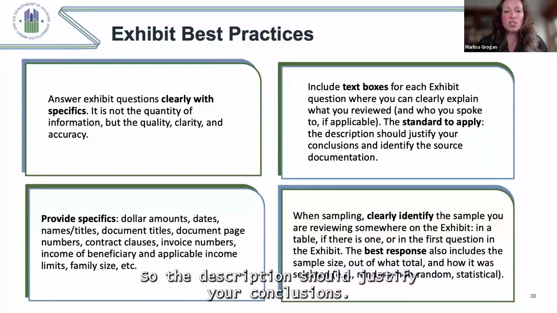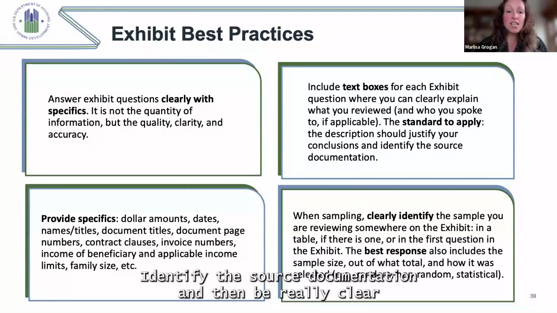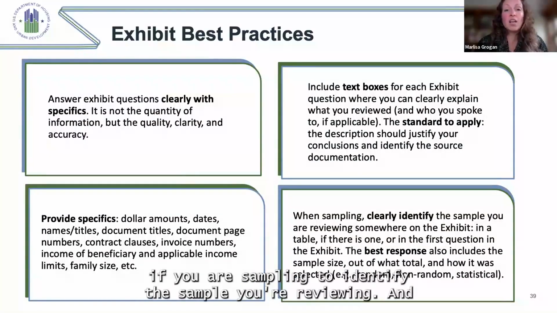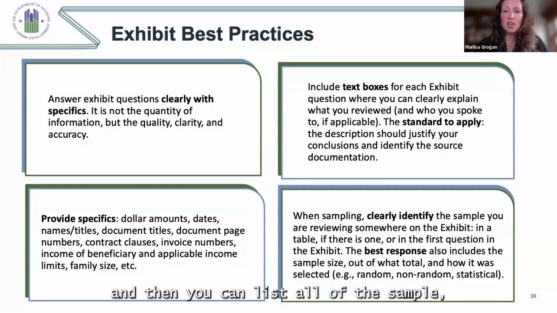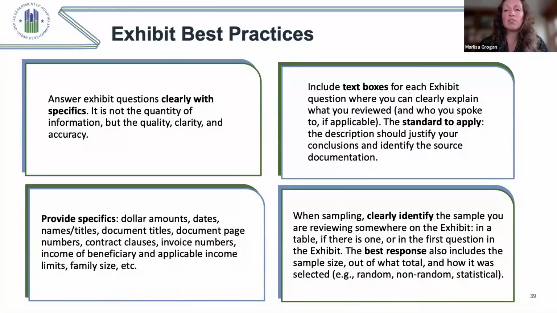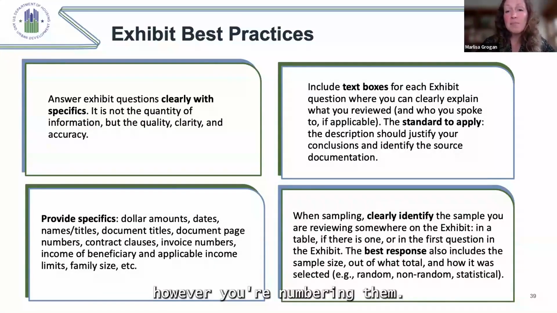So the description should justify your conclusions, identify the source documentation, and be really clear if you are sampling, identifying the sample you're reviewing. A good way to do this is a table. Include a table in your exhibit, and then you can list all of the samples, however you're numbering them.